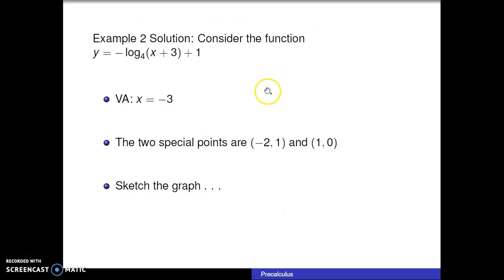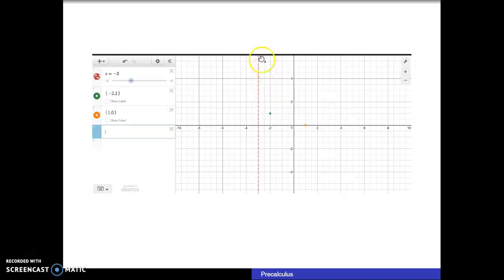Okay, so here's the solution to this problem. The vertical asymptote we said was x equals negative 3. The two special points are (negative 2, 1) and (1, 0). To sketch the graph, we'll start off by putting the asymptote and the two special points on. X is negative 3 here, (negative 2, 1) here, and (1, 0) here. Of course, we have to decide which direction this function is going to approach the asymptote from.